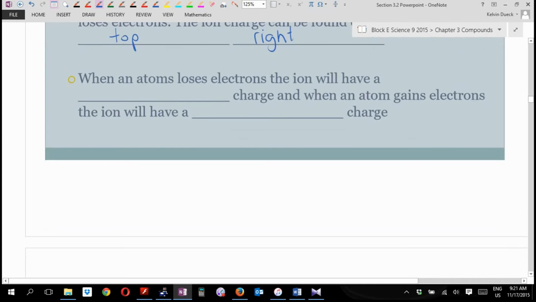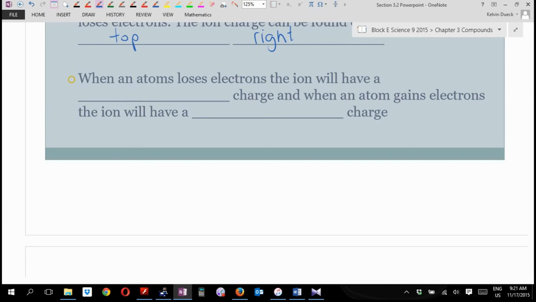When an atom loses electrons, the ion will have a positive charge. Now, this is the tricky part. This is where I say Benjamin Franklin got the charges backwards. He should have called electrons positive, also because it's electrons that are doing all the moving, and it'd be nicer to think about positives moving around.